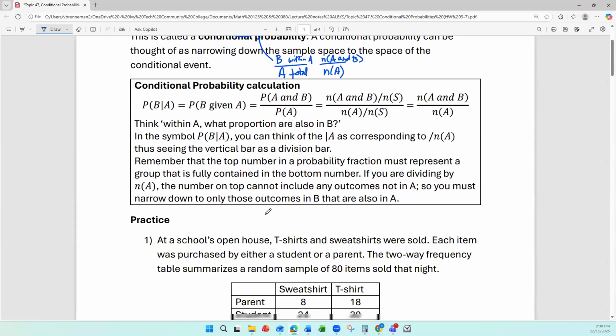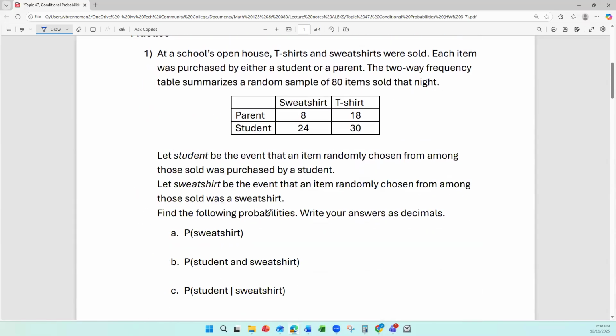All right, so let's take a look. Practice problem number 1, we have t-shirts and sweatshirts being bought by parents and students. Student is the event that the item was purchased by a student. Sweatshirt is that it was a sweatshirt. So the probability of a sweatshirt is going to be all sweatshirts divided by all items.